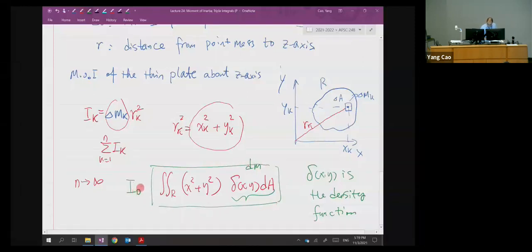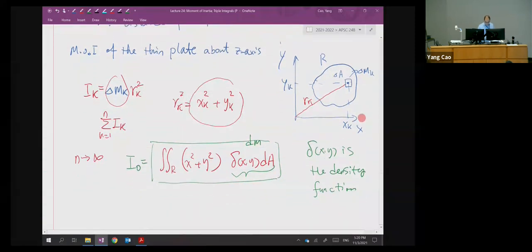So we call this I naught, and that's the moment inertia of this thin plate with respect to the z-axis. Okay. And next time if I present you with this formula, you might wonder, so what is this moment inertia, right? Because moment inertia always is about an axis. And you might wonder, so which axis is this with respect to?